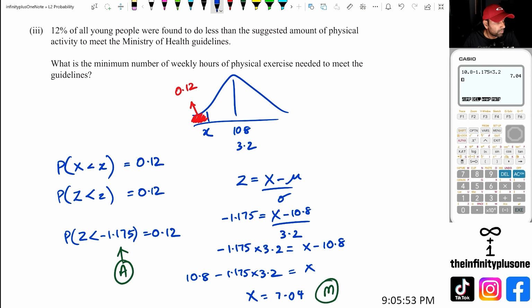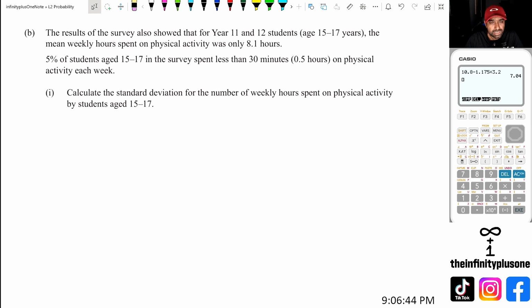Okay, so next question. For the second part of this question, it's a new distribution by the looks of it. So we've got a mean of 8.1 hours. So we're going to write down mean as 8.1 hours. 5% of the students spend less than 30 minutes, which is 0.5 hours.